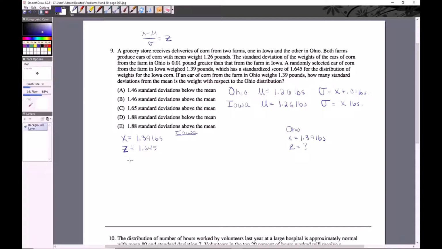That calculation, so here it's 1.39 minus 1.26. We don't know the standard deviation, that'll be x. But we do know that that will give you 1.645 for a z-score. All right, now we just need to solve for x.